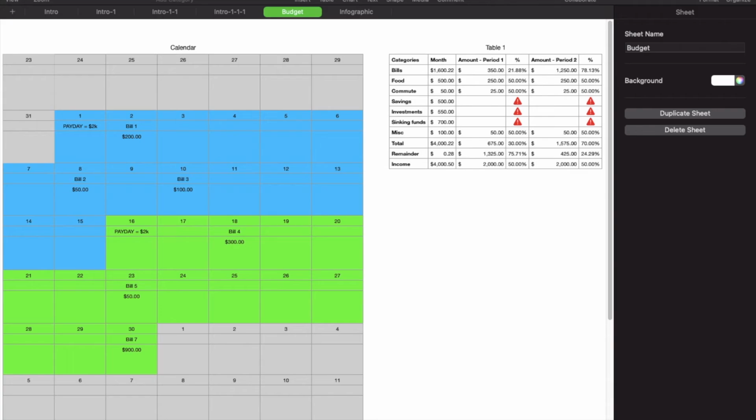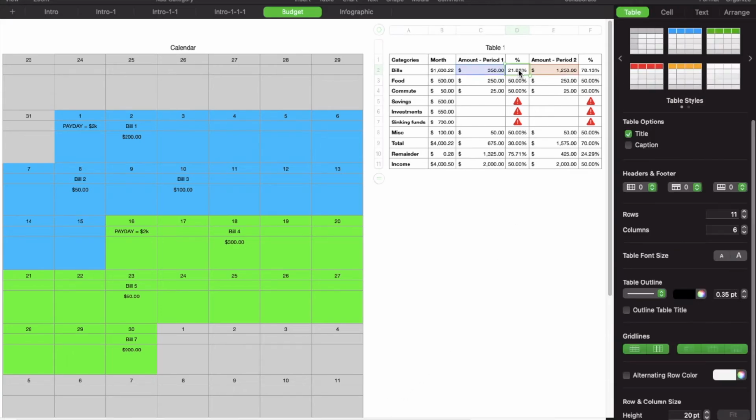So now that we've got these percentage columns filled out, what we're really interested in are these two cells. You can see that we're funding 22% here and 78% in this other column. So in figuring out how to fund these variable costs, what we're going to do is create an inverse relationship between these and this.